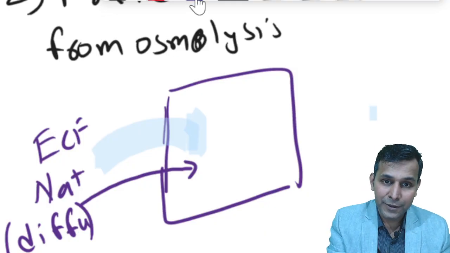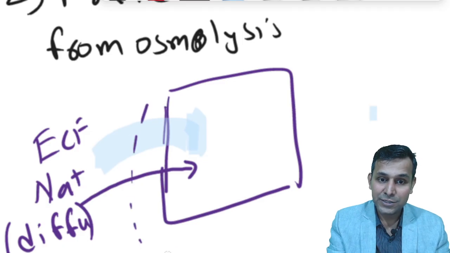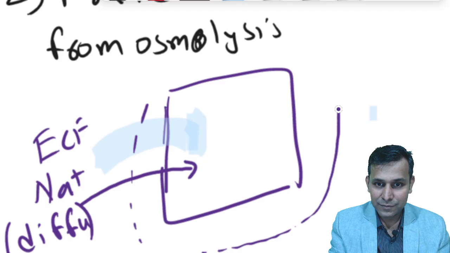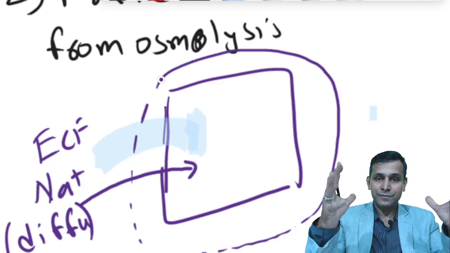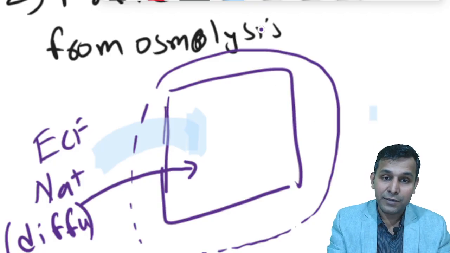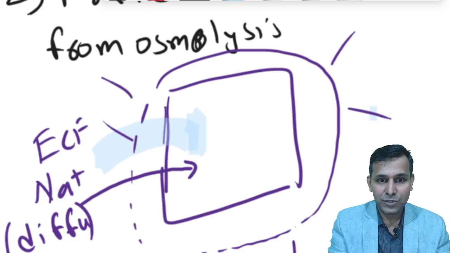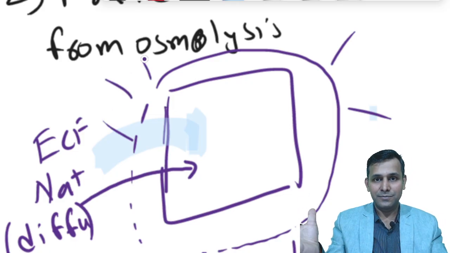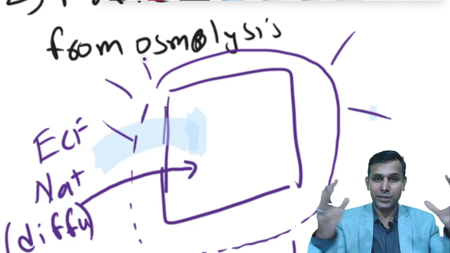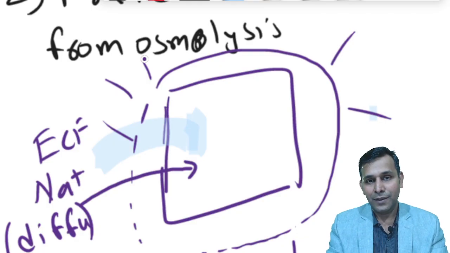Ultimately, the cell will swell up, and if you still do not prevent it, a condition might be reached where the cell might burst, called osmolysis. We don't want this to happen.